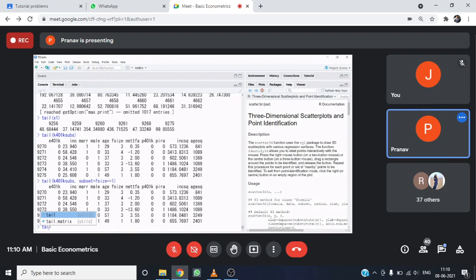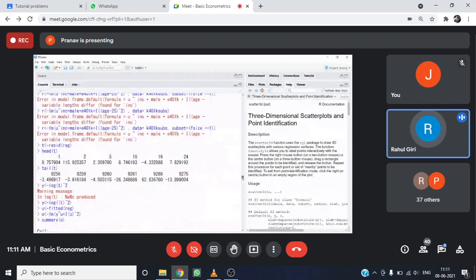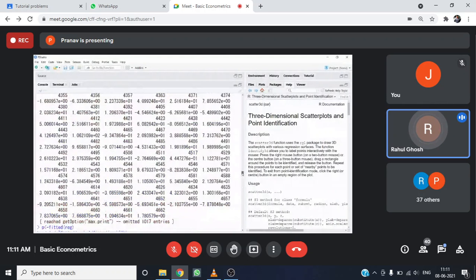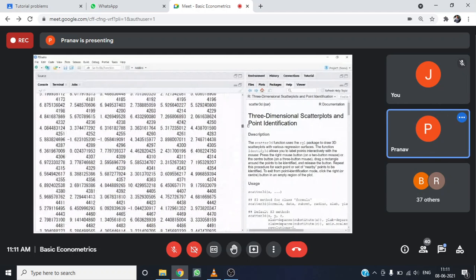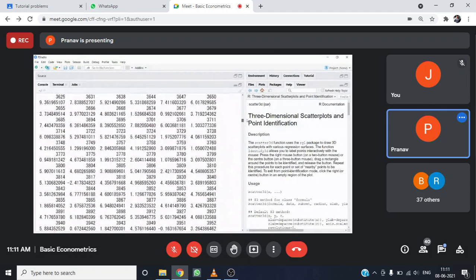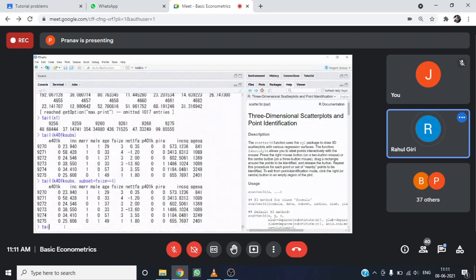We just saw the tail of residuals, and there are some 9,000 values. You saw X1. No, we just saw the tail of residuals, 9275 values. Yes, sir, 9275 values. So tail of X1 is your 92.